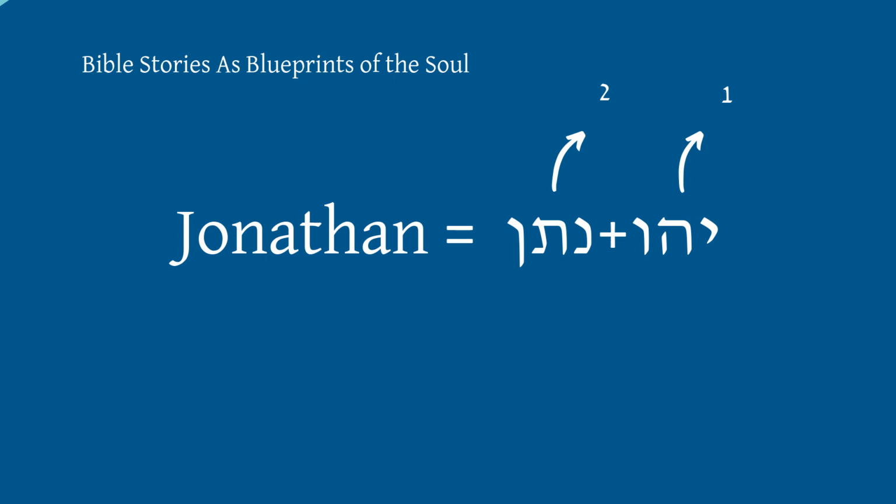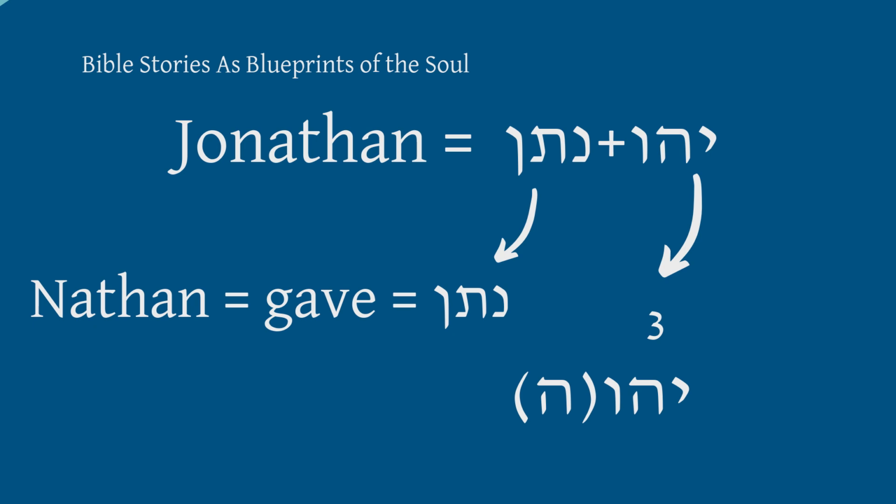In this way, we can divide the name Yehonatan into 2 Hebrew words. The first will be Yeho, Yod, He, Vav, which implies the tetragrammaton, because Yeho, Yod, He, Vav includes 3 letters of the tetragrammaton, and Natan.